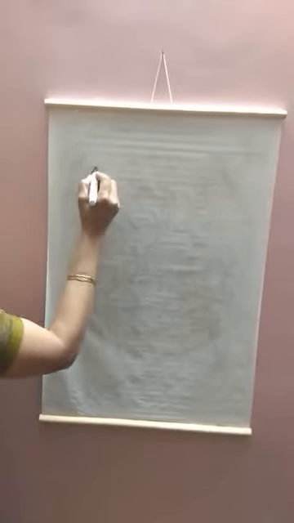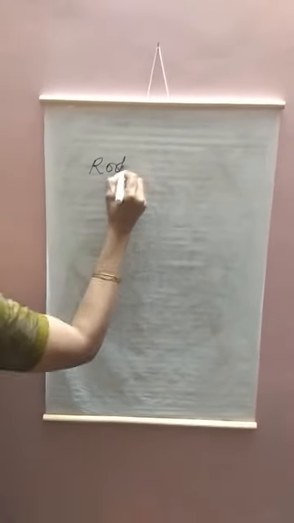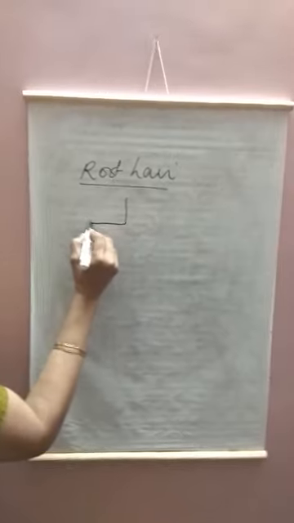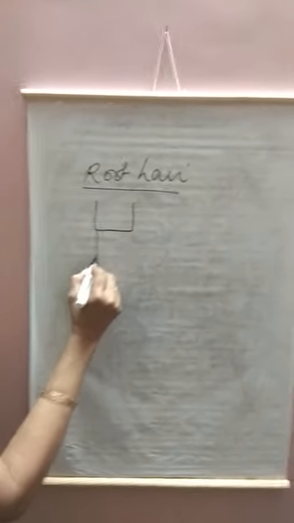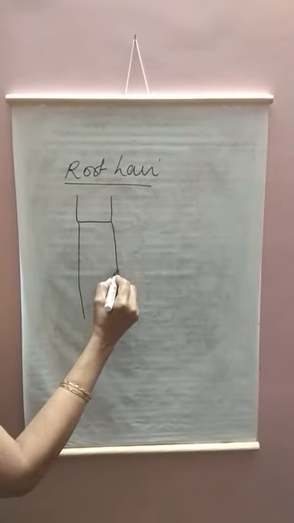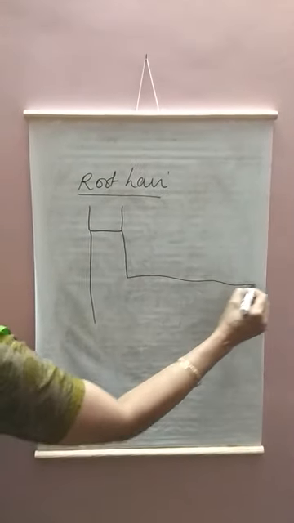Okay, now next we will learn how to draw the structure of a root hair. The root hair is a structure present outside the epidermis. So this is the epidermal part, and the root hair is like this.